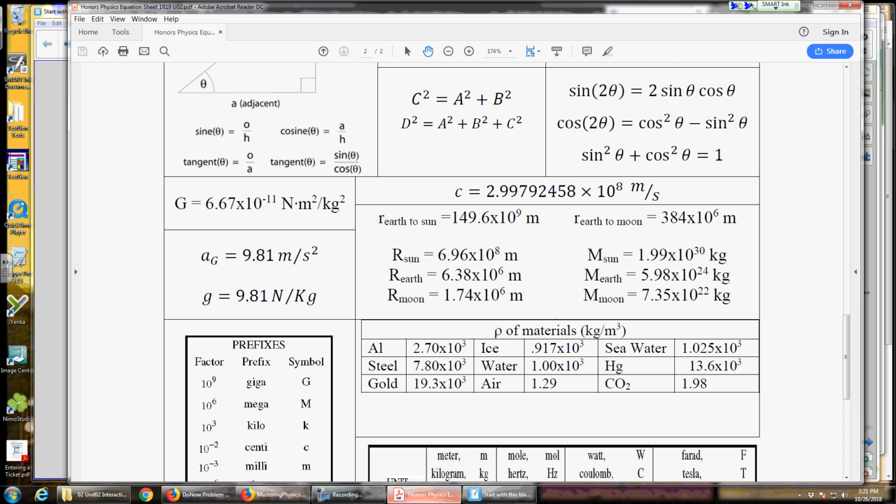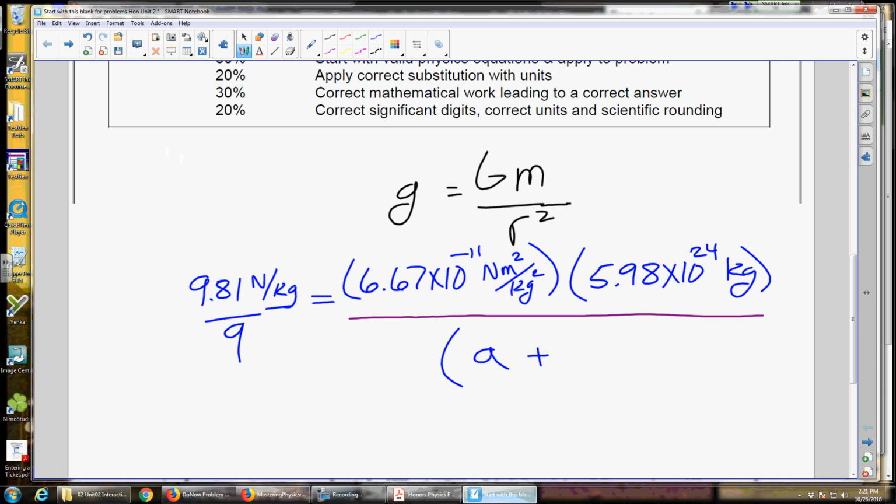Radius of the Earth, 6.38 times 10 to the 6th meters. Do I want to leave that in meters? Well, yeah, because my gravitational constant's in meters and kilograms, right? So I want to leave it in meters.